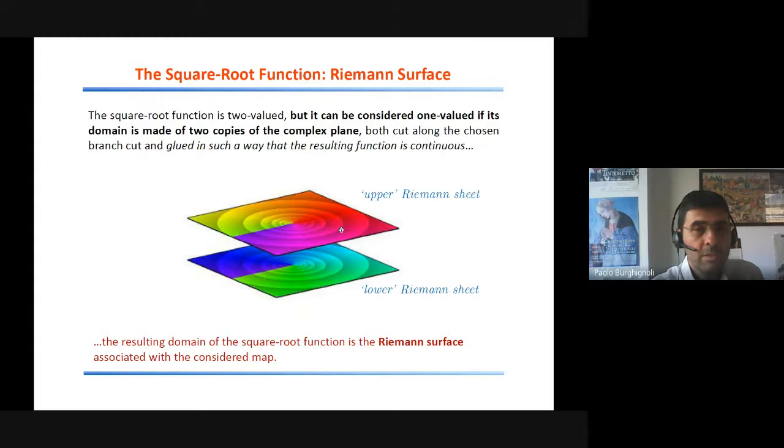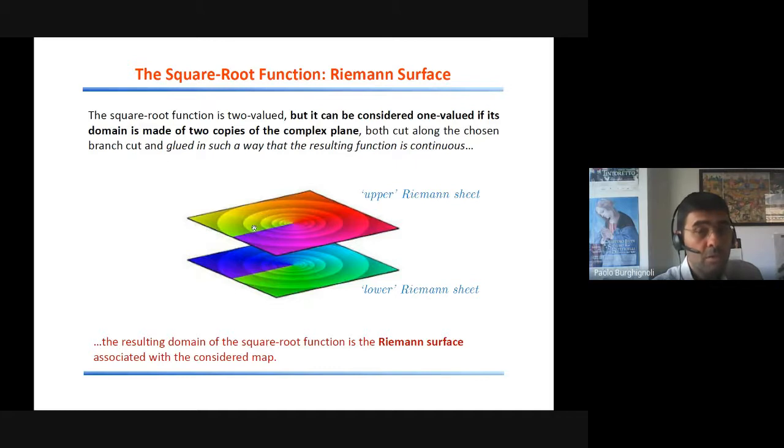by describing a circle to the red region, then we go into the yellow, finally into the green, and then you see if you cross the branch cut remaining on the upper sheet, there will be a discontinuity in color. However, if you go instead on the bottom Riemann sheet, then you go from green to green, so this indicates continuity.